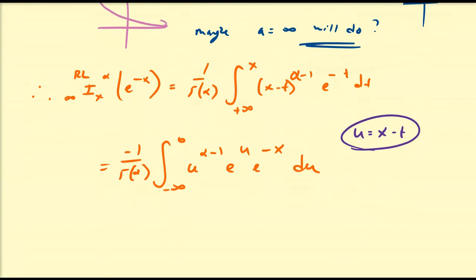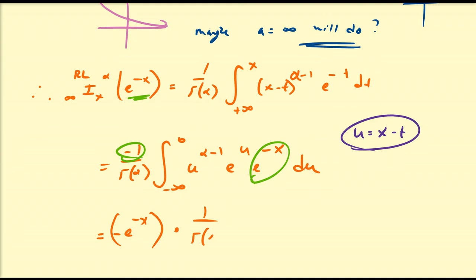So we can pull out our minus 1 and our e to the minus x, because that is our intuitive antiderivative of e to the minus x, right? So I'm going to group that together and look at everything else separately. I'm going to have minus e to the minus x, and then multiply that by 1 divided by gamma alpha, integral from minus infinity to 0 of u to the alpha minus 1 e to the u du.